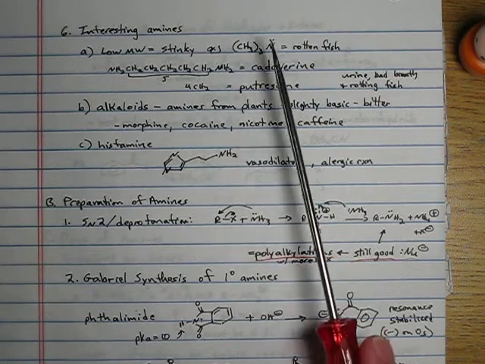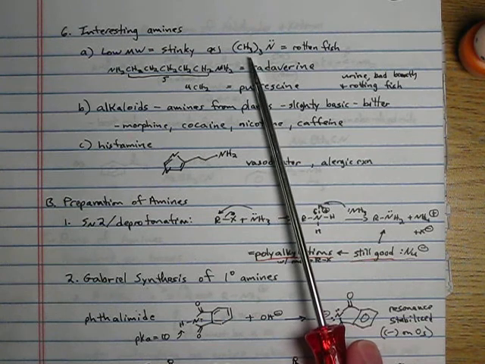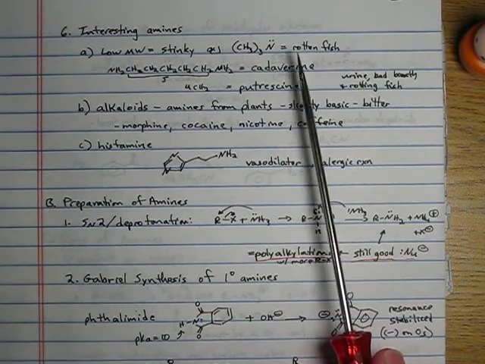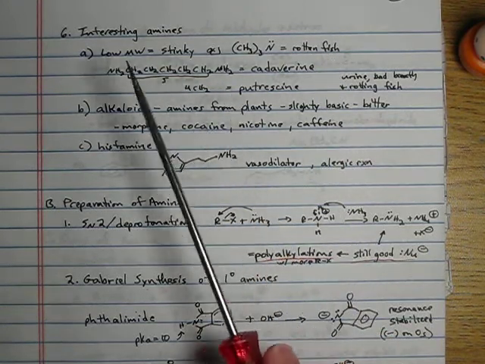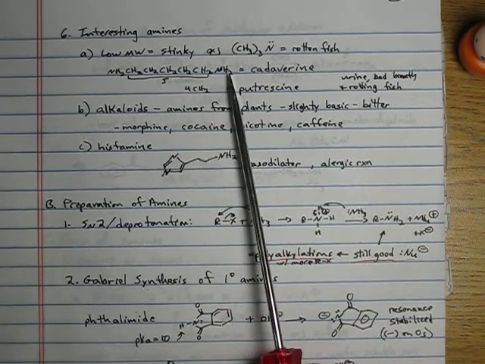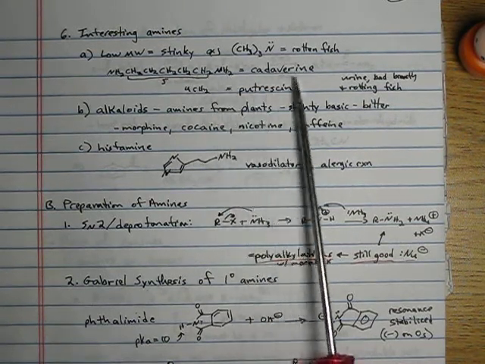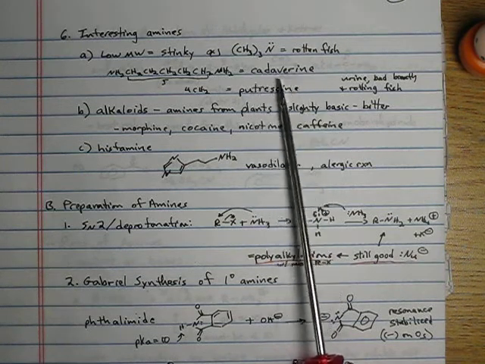All right, if you take trimethylamine, nitrogen with 3 CH3s on it, this is the smell of rotting fish. Lovely flavor there. All right, if you take an NH2 amine and put in 5 CH2s and then another NH2, this is cadaverine. This is the smell people give off when they die.